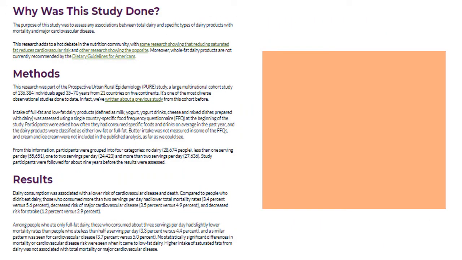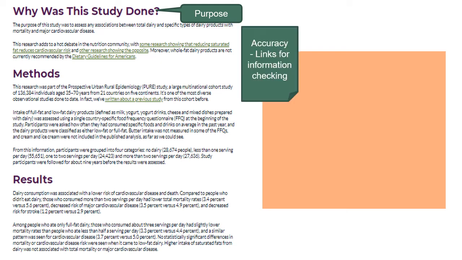Now, this is the next page of the article. Why was this study done? Methods and results. Why was this study done is the purpose of the article. And here we can also find links for information checking. Those are the ones which are underlined and written in green color.